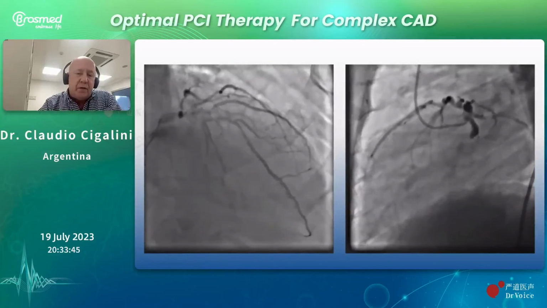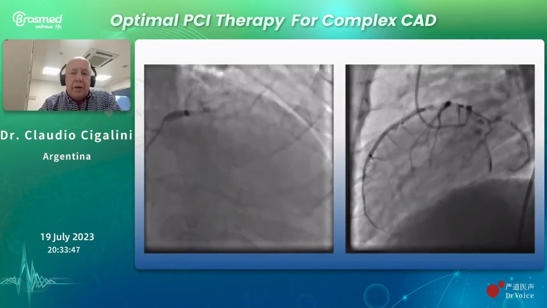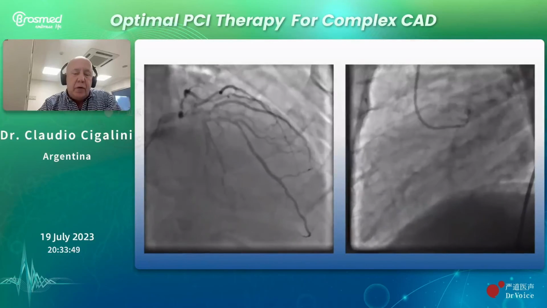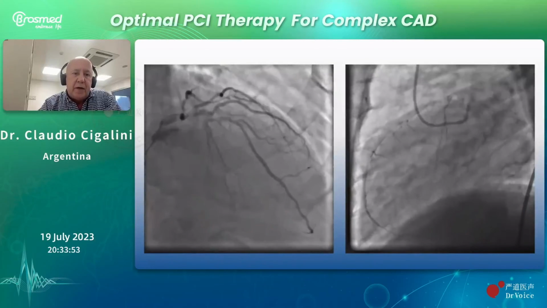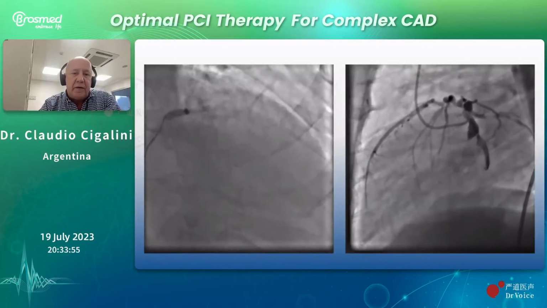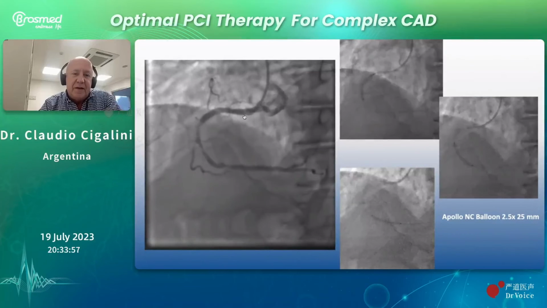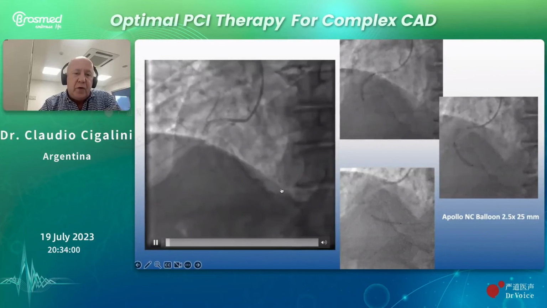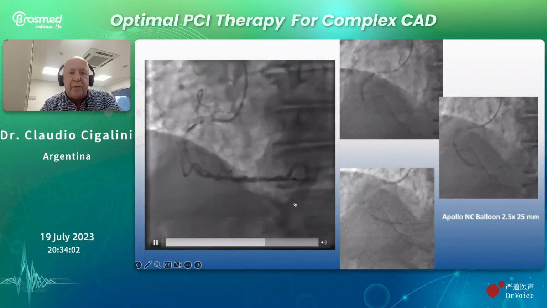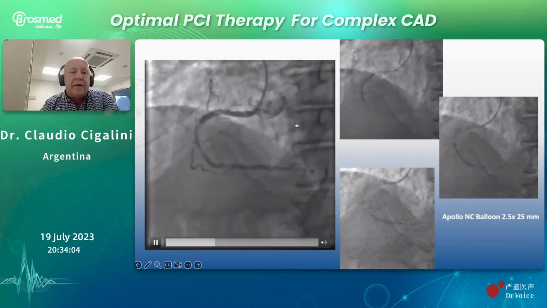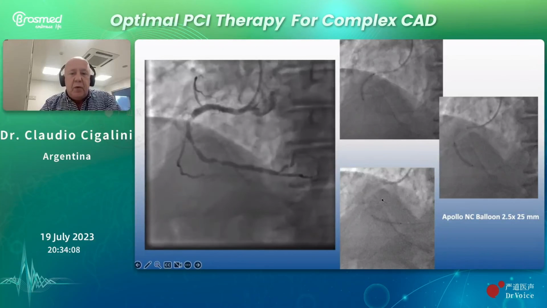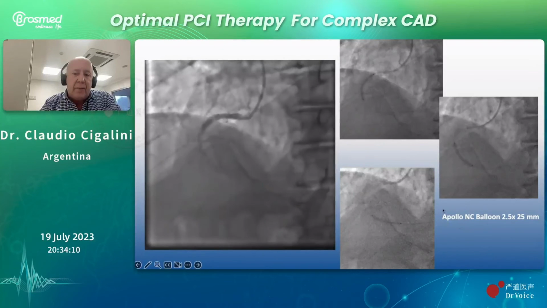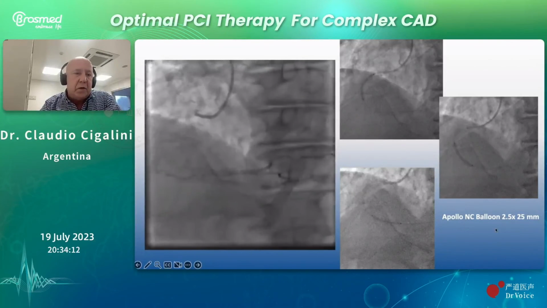So in this case, we decided to do a staged procedure, starting with the simpler arteries. In the first step, we treated the right coronary artery and the left circumflex. We predilated the lesions with Apollo NC balloons.